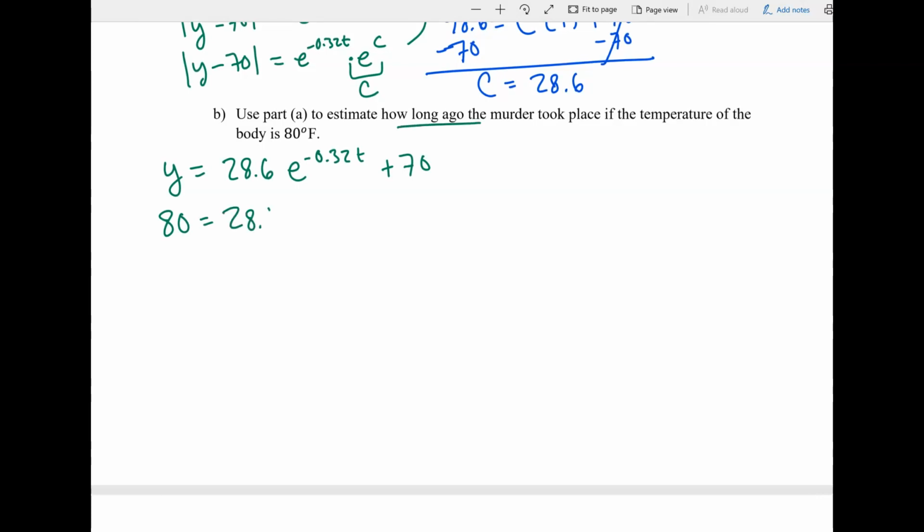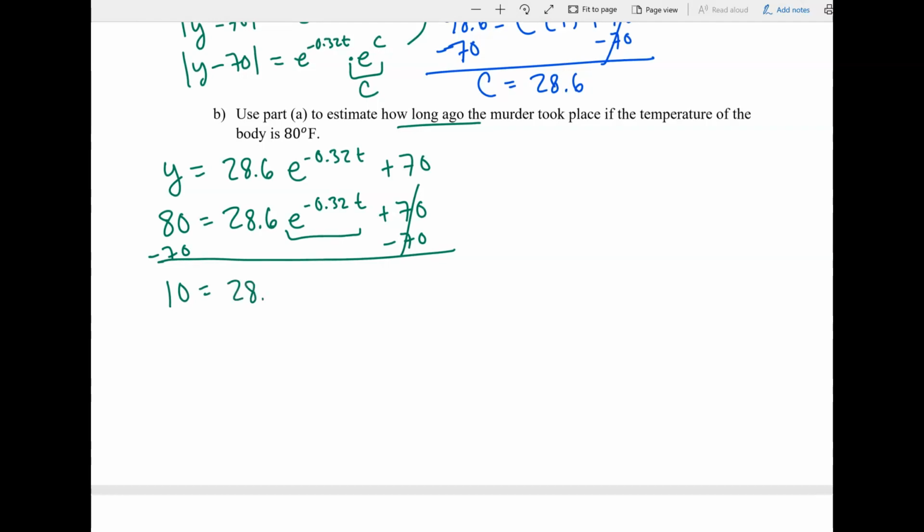So you have 28.6 e to the negative 0.32 t plus 70. Okay, and now all we've got to do is solve for t. Now this just becomes a pre-calculus problem. So all we've got to do is solve for this exponential, so minus 70 to the other side. So I'm left with 10 is equal to 28.6 e to the negative 0.32 t.